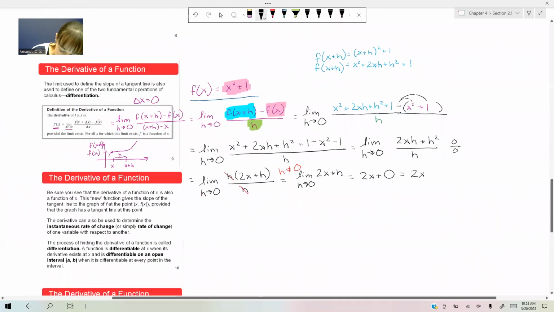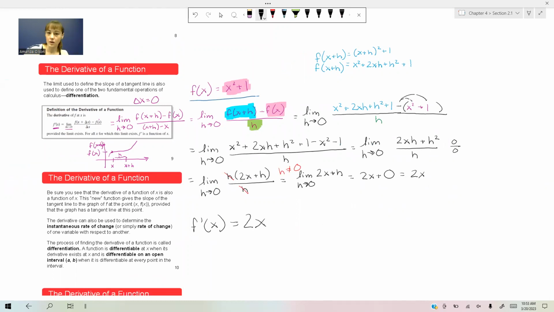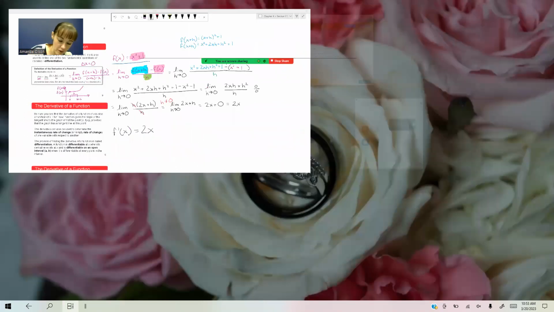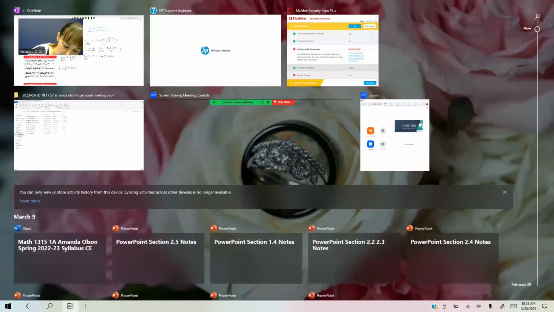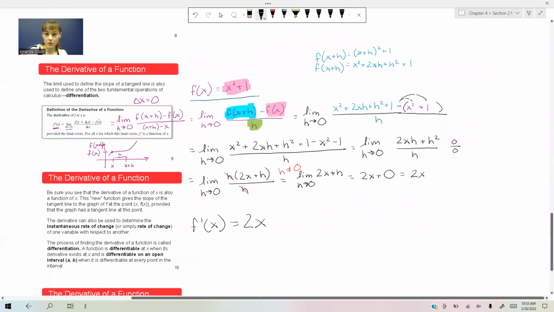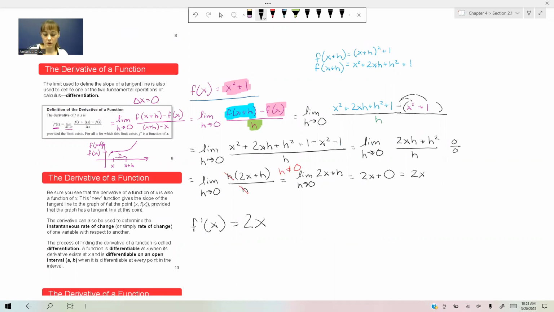Really, your slope of your tangent line is going to change based on where you are on the graph, or what x value you're working with. If you go back to that previous graph, you're going to see you have different tangent lines for different parts of the curve.